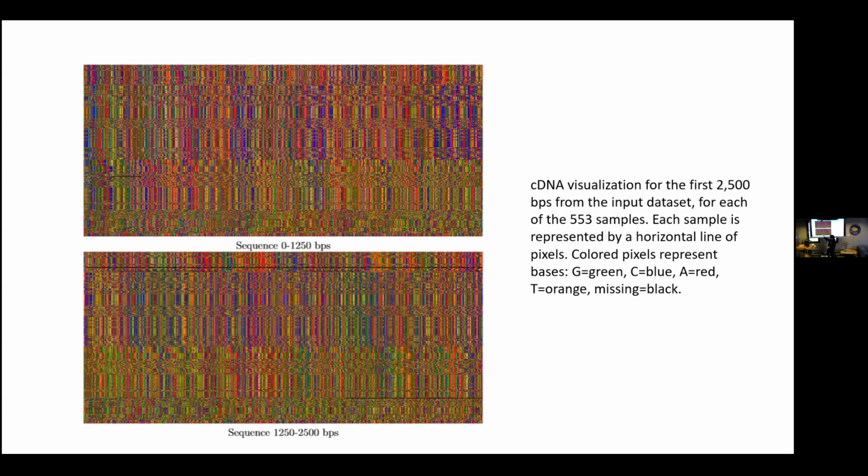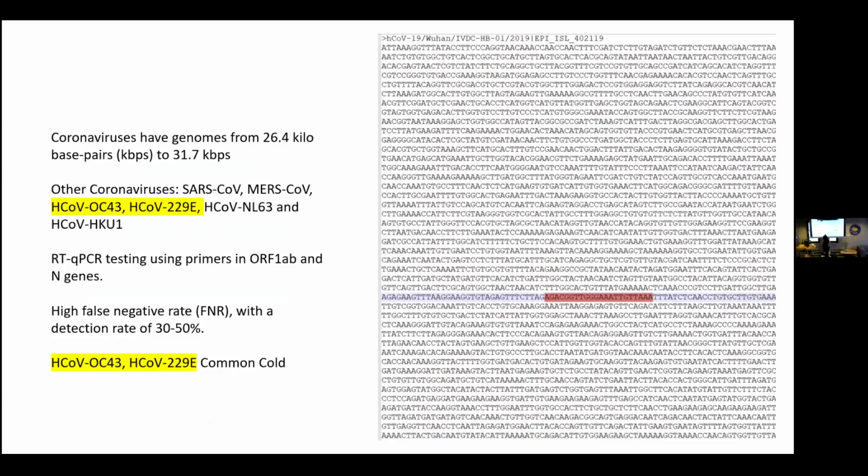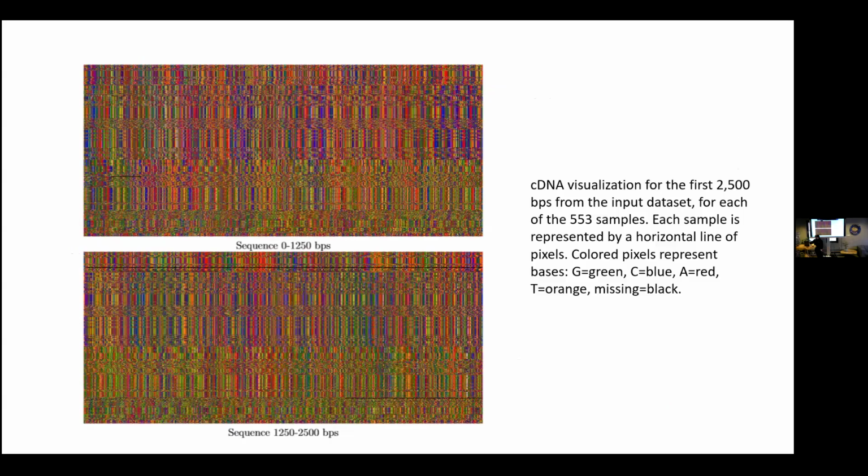So basically what we're doing here is I take this and put it as a single line, and I do this for each sample I have. These images that I'm showing are just the first 2,500, where we put a color for each base. Shouldn't you align them first to get a better pattern?